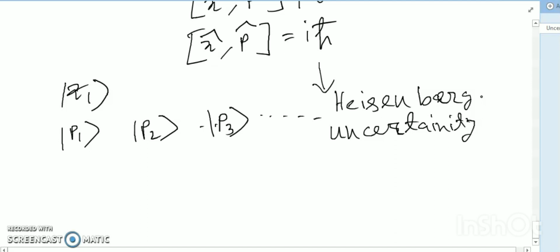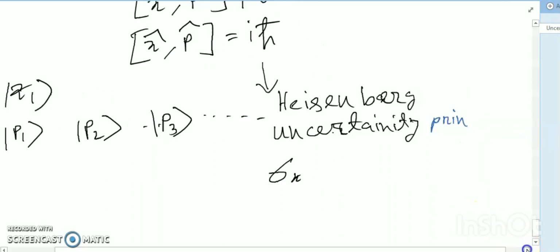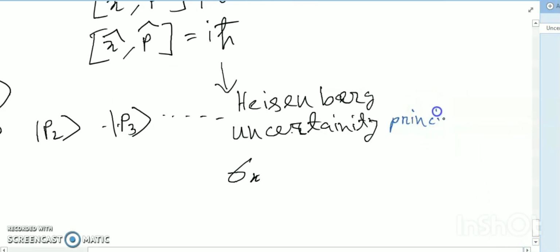It says that sigma x times sigma p is greater than or equal to h bar divided by 2.